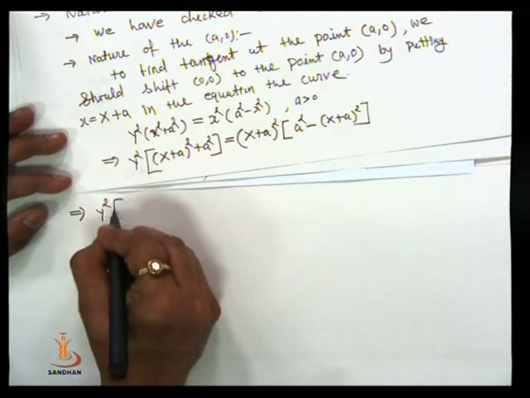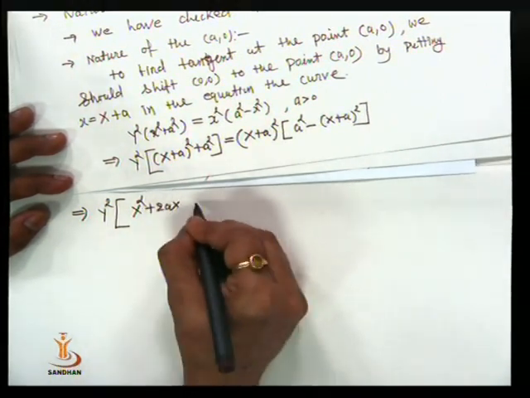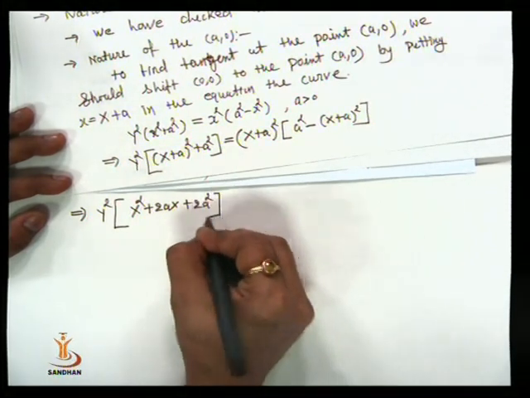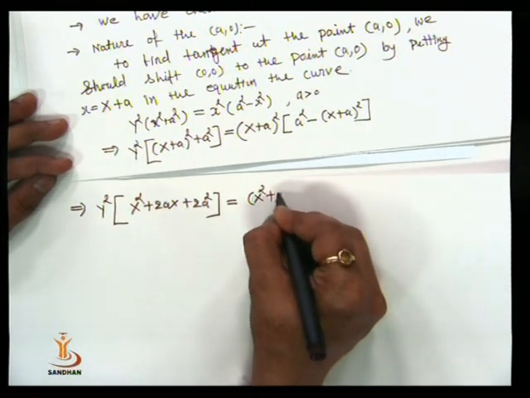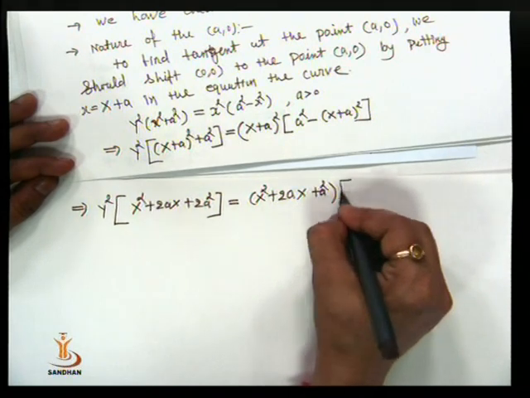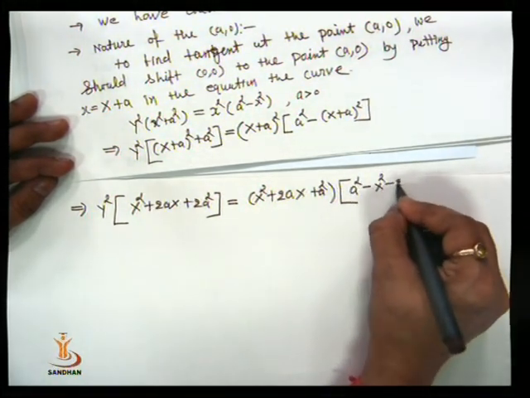Simplifying this gives us y square into X square plus 2aX plus a square plus a square equals X square plus 2aX plus a square into a square minus X square minus 2aX.